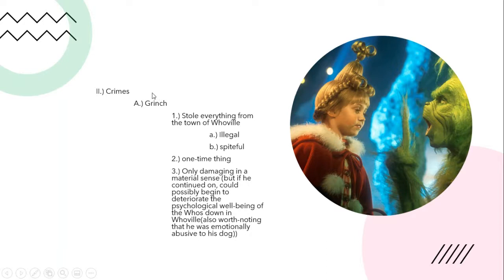So we're talking about the crimes. That's the first point, and you talk about the Grinch, and in relation to those crimes, this might be a paragraph. This might be its own paragraph, but more likely it would be 1, A and B would be its own paragraph, and then 2 and 3 would be another paragraph, right?